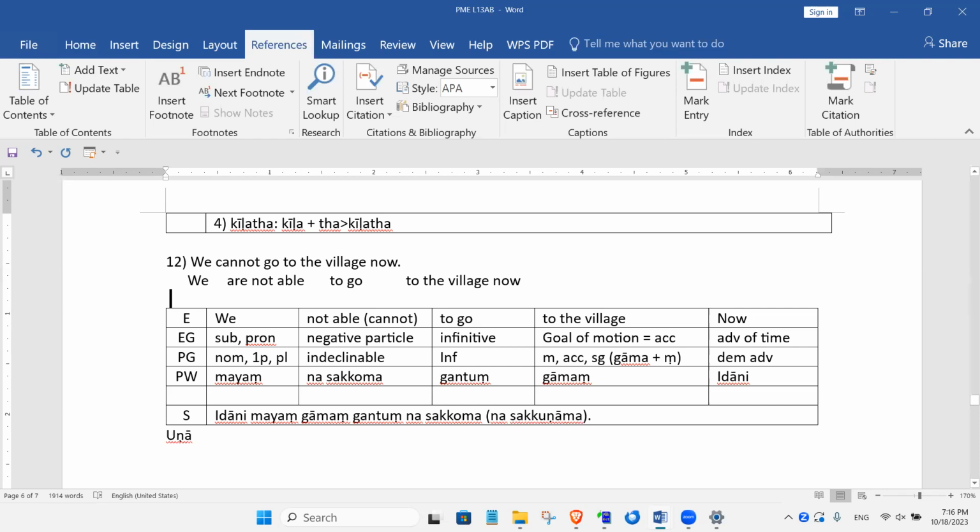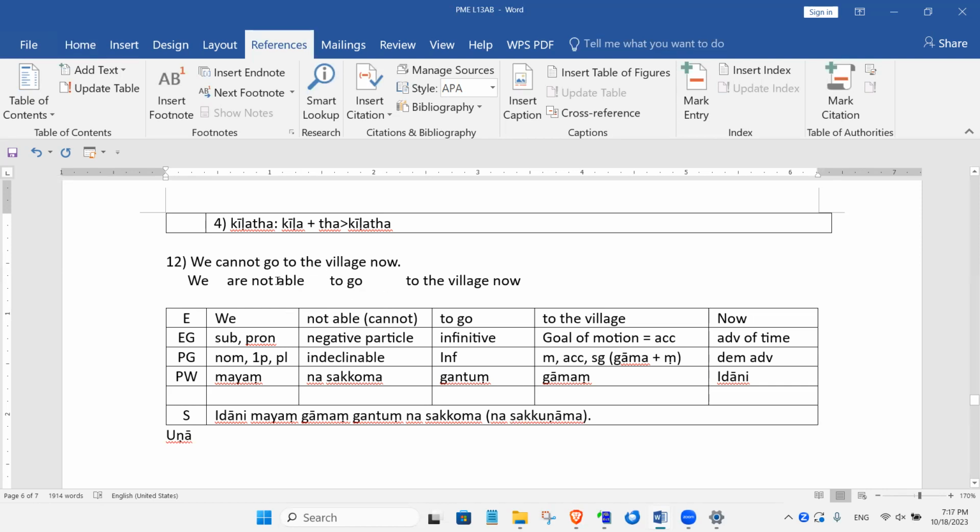Any question from other students? That means the Pali sentence is correct. The English one we have to change because the English one was given. So I will put an alternative sentence: we are not able, means cannot.